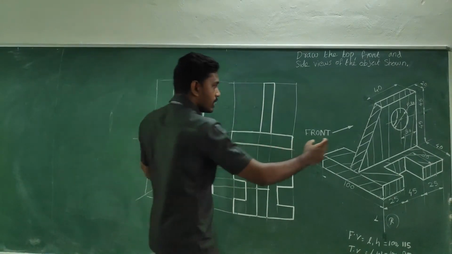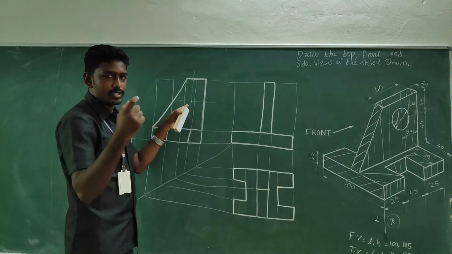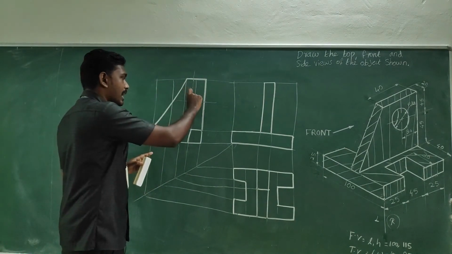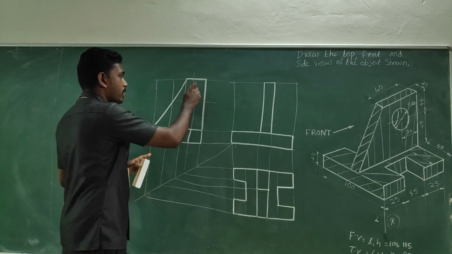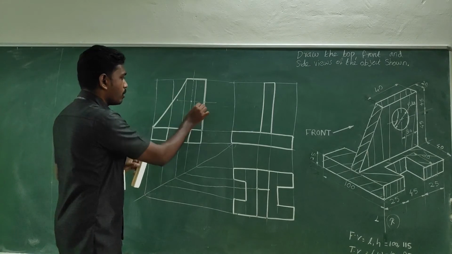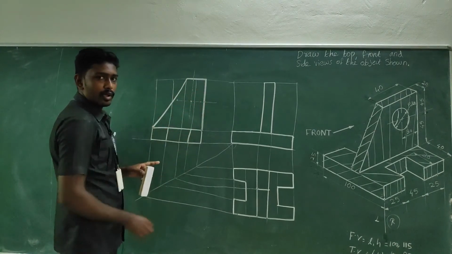And next thing is just measure the radius in your compass, which is 15 mm, and just take 15 mm in your compass, and from the center just put a point on the cross line. In all the directions you can keep the points, all the 4 points you can keep.